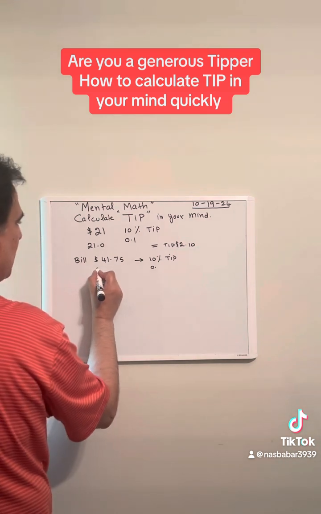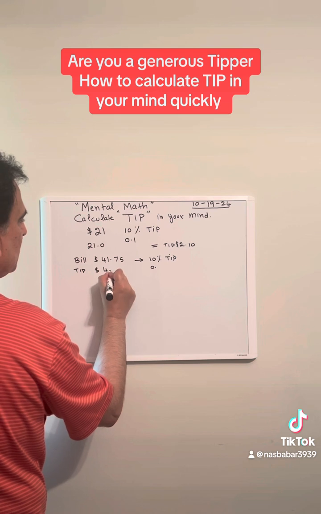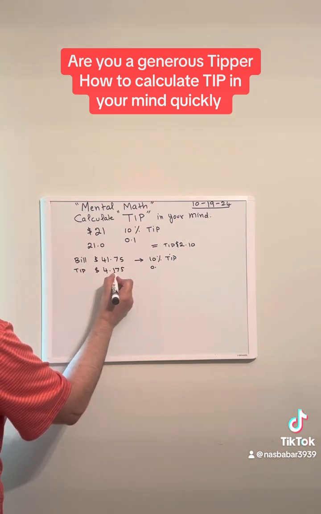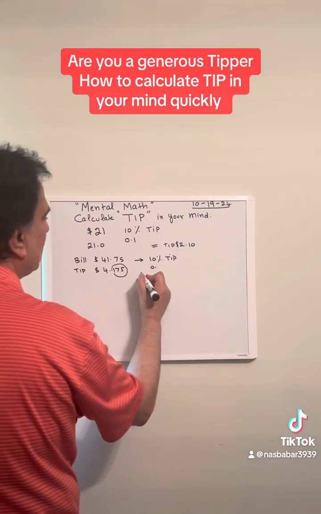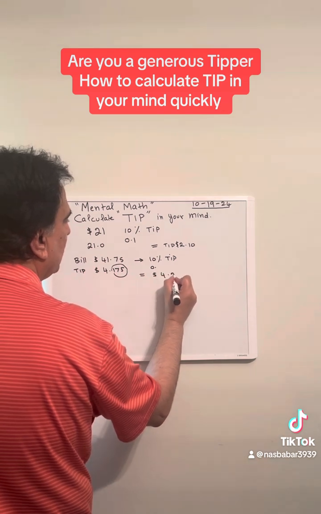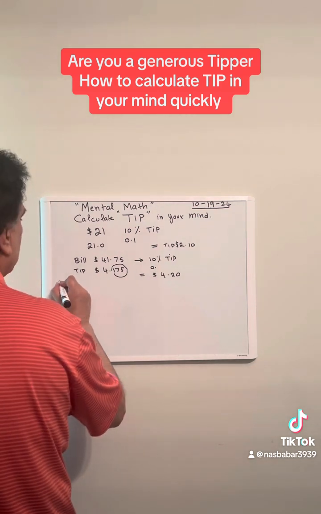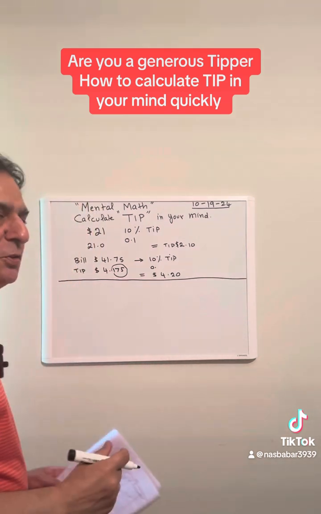So then the tip becomes $4.175. And then basically you can round this up to, maybe, 20 cents. So then the tip would be $4.20.